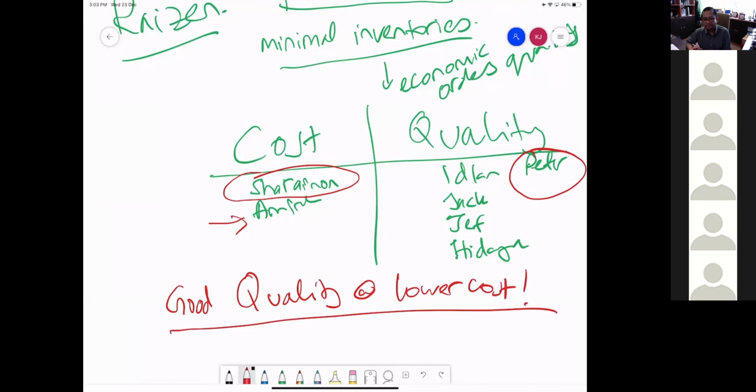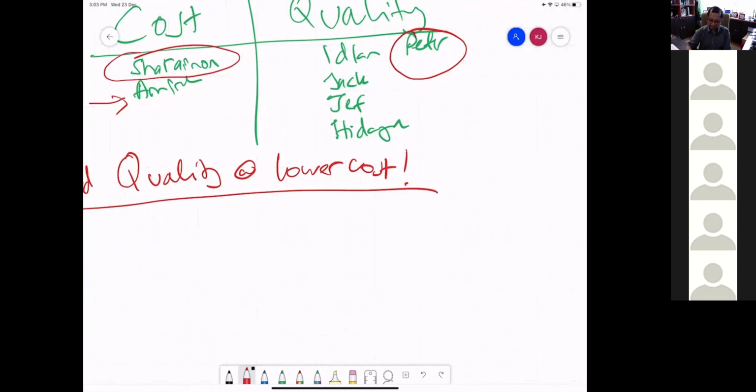Toyota, their target is to produce high quality cars at the lowest cost possible. So which one should come first, quality or cost? We have to go back to this perspective. Jidosha, that is a car maker.